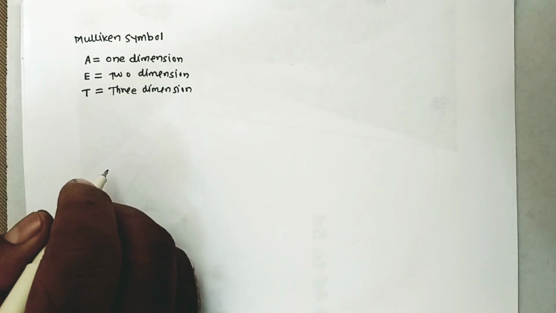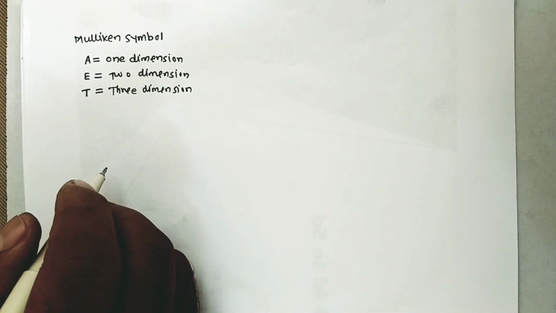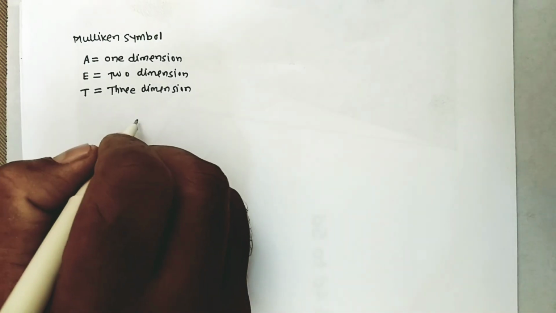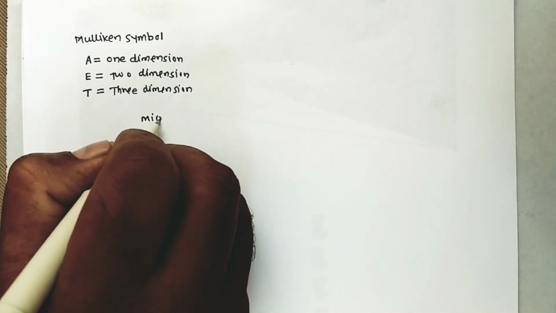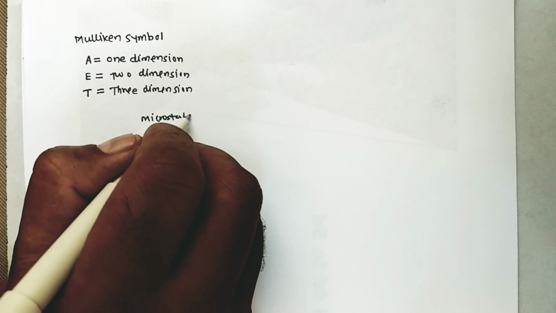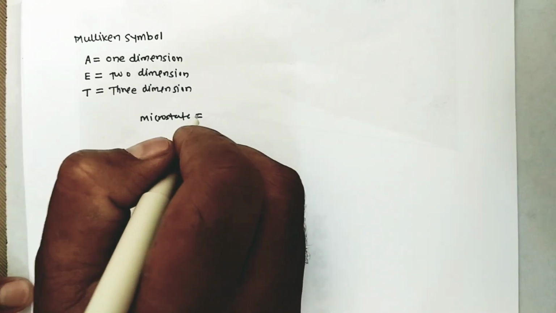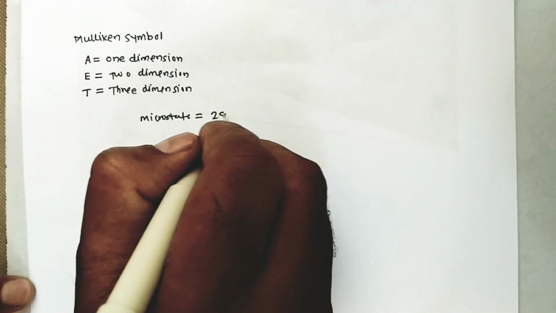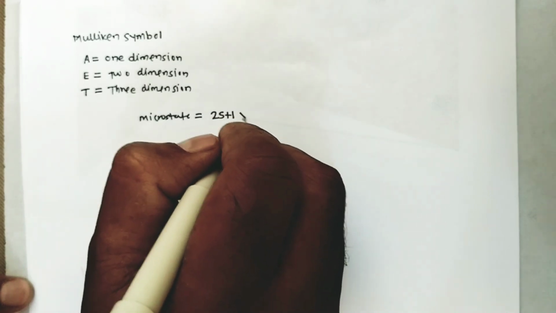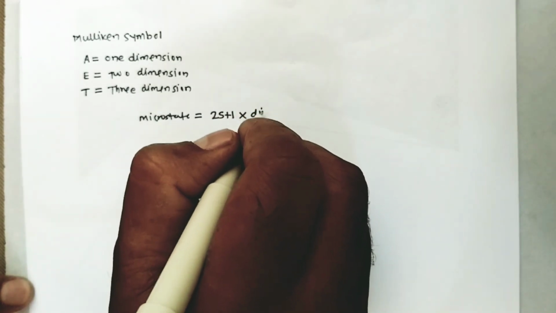So when the Mulliken symbol is given, then we can calculate the number of microstates by using the formula: microstates equal to 2S plus 1 into dimension.